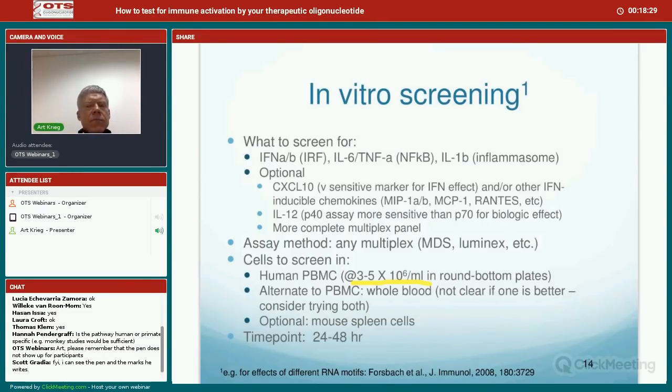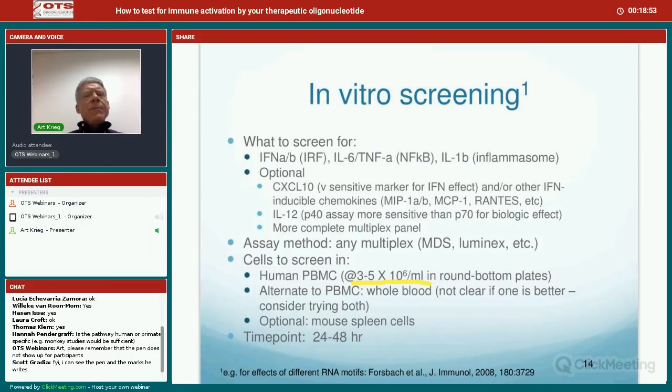But you could consider trying both of those in your own case because you might have different results there. Mouse spleen cells, I consider optional. Usually, the human cells will pick up the active sequences, but certainly there's no harm in doing mouse spleen cells too, and the culture conditions there would be very similar.